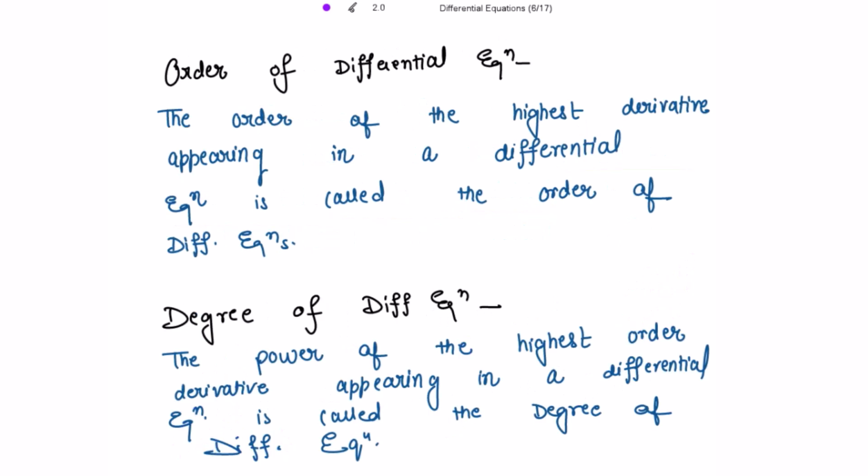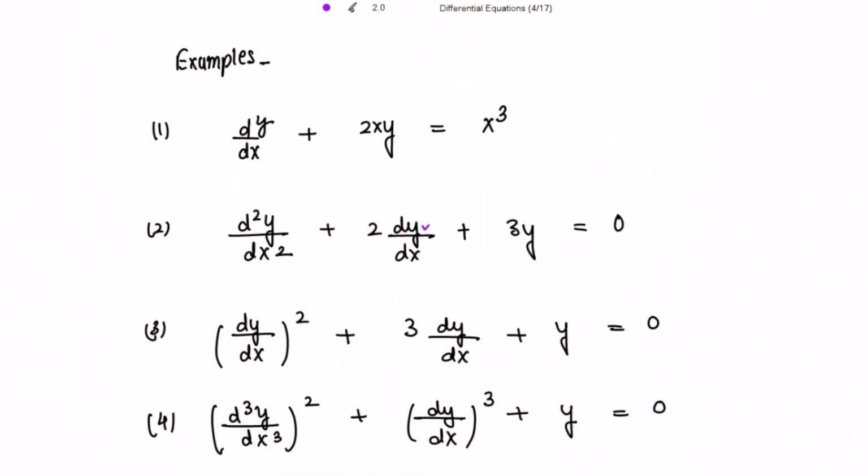Then comes the order of a differential equation. The order of the highest derivative appearing in a differential equation is called the order of the differential equation. Suppose in the first equation, y is differentiated with respect to x only one time, so it has order 1.